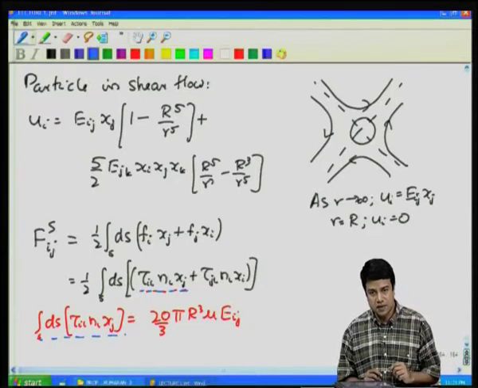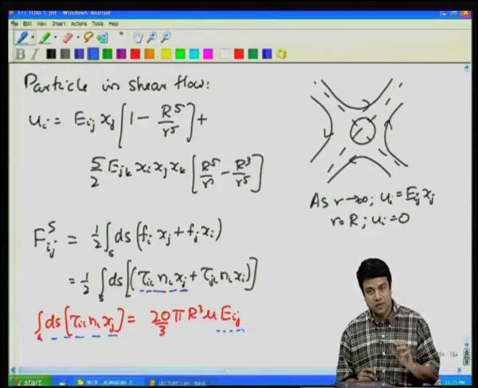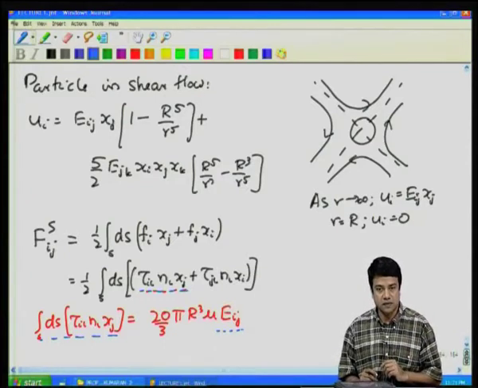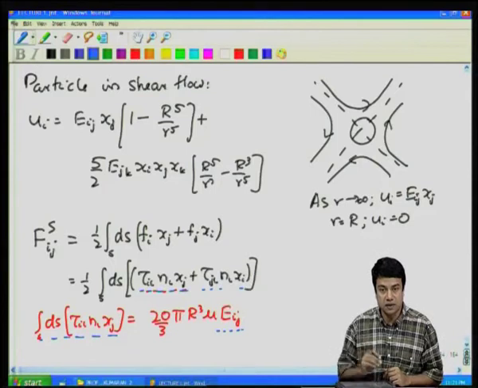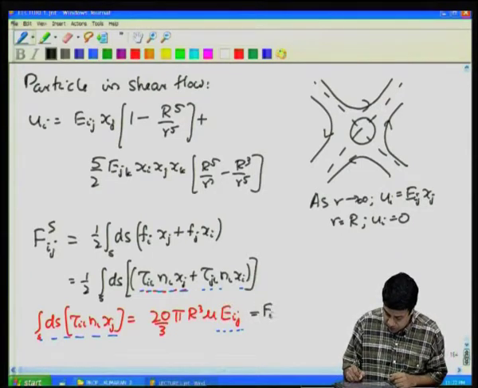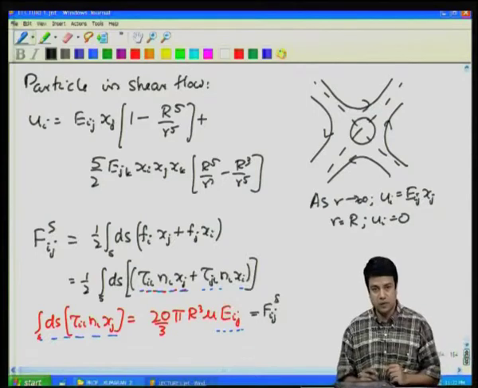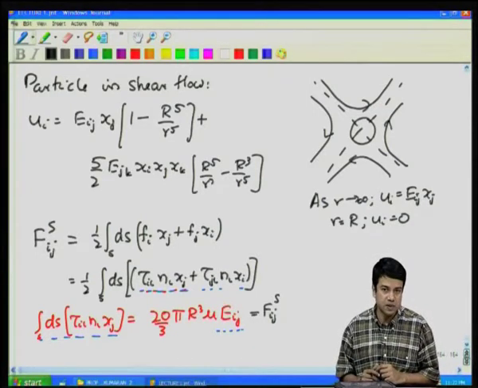However, this result itself is symmetric, because it is proportional to E_ij, which was the symmetric traceless part of the rate of deformation tensor. Therefore, the transpose of this, which is the second part, is equal to the same thing, and so the symmetric part of the force moment is equal to 20/3 pi r cubed mu E_ij.